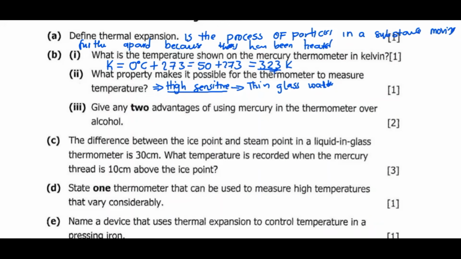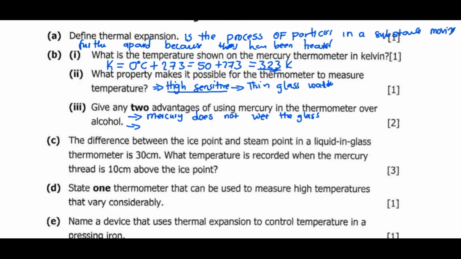Then give two advantages of using mercury in the thermometer over alcohol. The first one, mercury does not wet the glass.